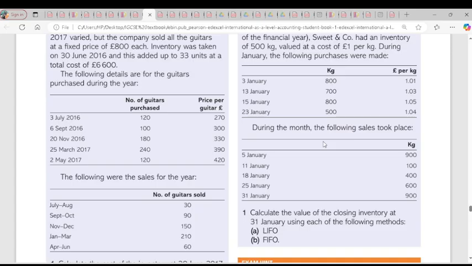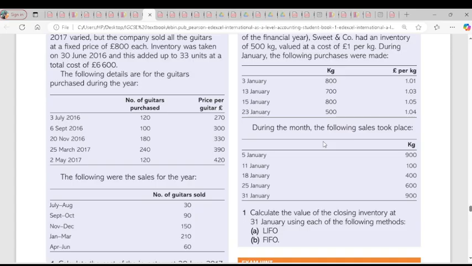January, March sales, 210. Take it away from here, we have 193. 193 and 390, which is the value of inventory for the price for 25th of March 2017. 390 multiplied by 193 gives us 75,270.